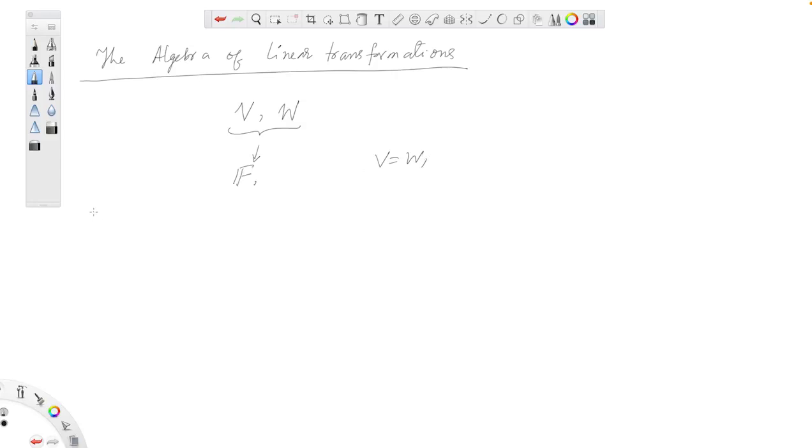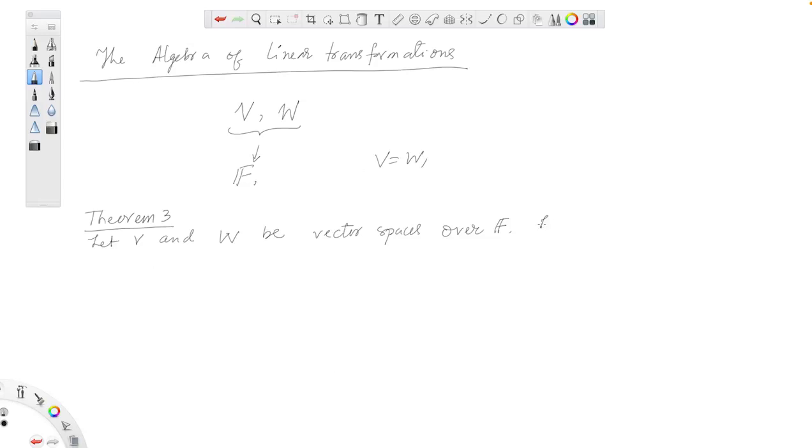Okay, so for this we open a discussion with a theorem which we call theorem 3. Let V and W be vector spaces over the same field F. So now, first of all, when V and W are taken to be different in general, we take the set of the linear transformations from the vector space V to W, and we discuss the vector space structure of this set in theorem 3.